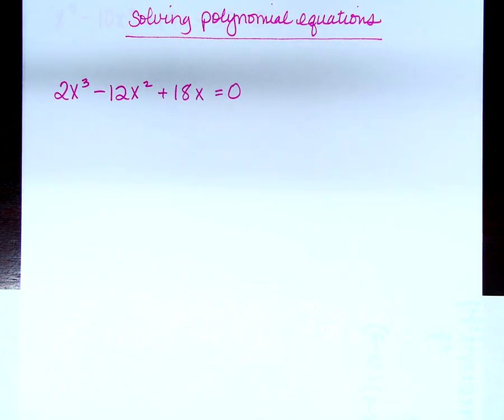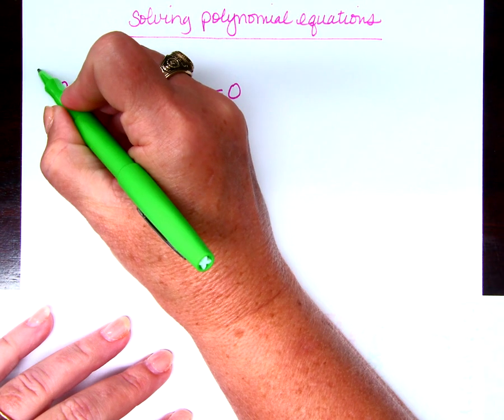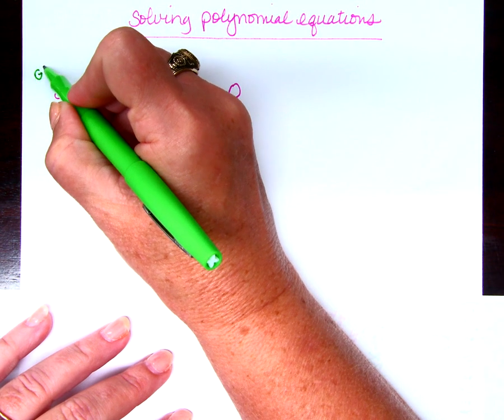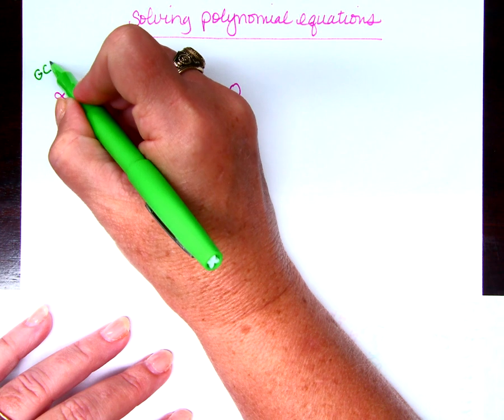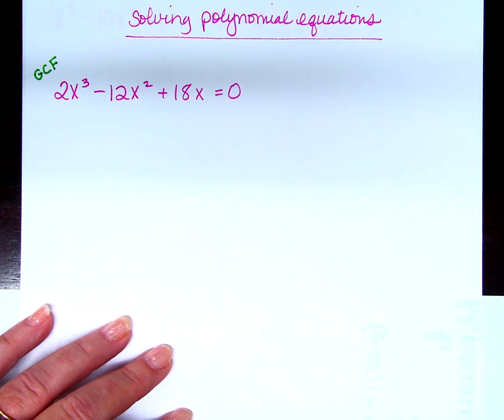Now, if you were solving this problem by yourself, you're not, but if you were, what would you do first? Knowing that I'm telling you right now that we're solving it by factoring. Group. Greatest common factor?